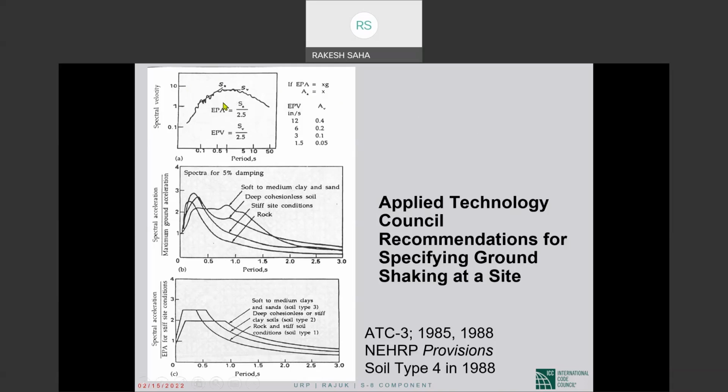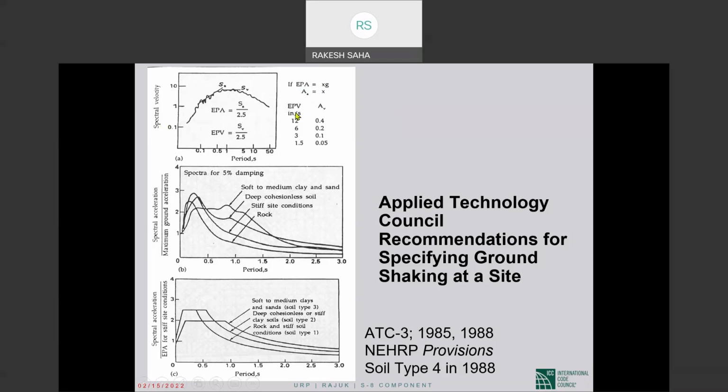Okay, so ATC defined these terms, effective peak acceleration, effective peak velocity, and they actually produced maps of not the effective peak acceleration, but effective peak acceleration coefficient, as they called it. If effective peak acceleration is so much of g, let's say 0.4 g, the effective peak acceleration coefficient was the 0.4, and that was plotted in ATC3 for the entire country.